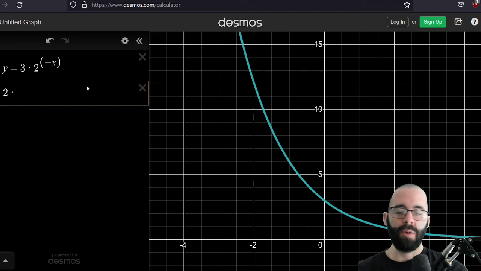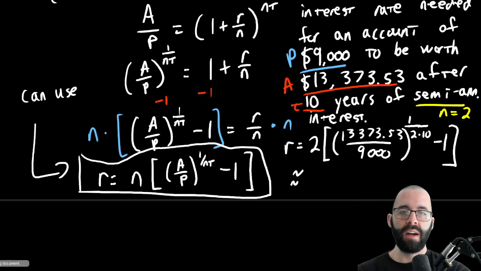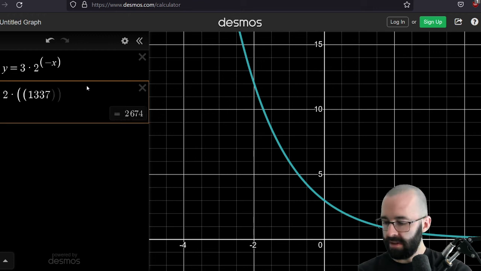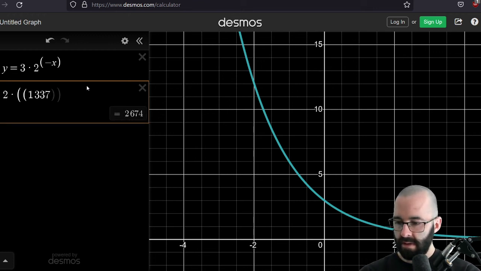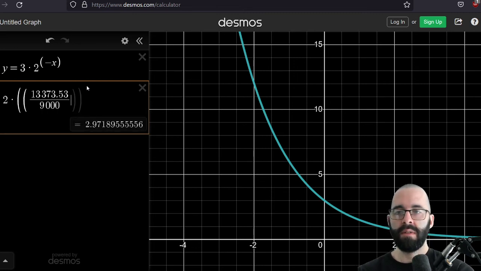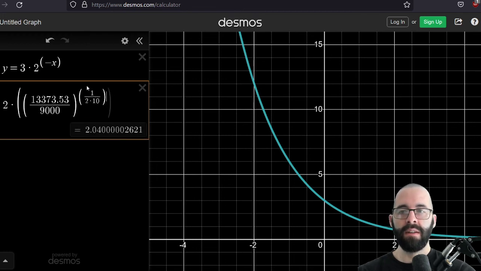No, Desmos doesn't like brackets. Use parentheses. 2 times, now we need a second parenthesis, 13,373.53 divided by our principal, raised to the 1 divided by n times t.